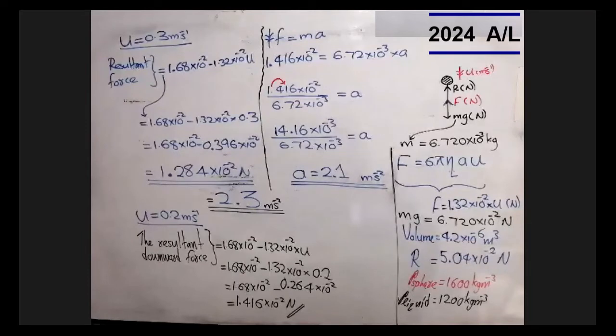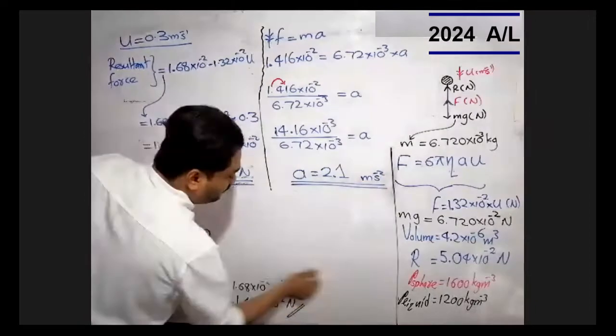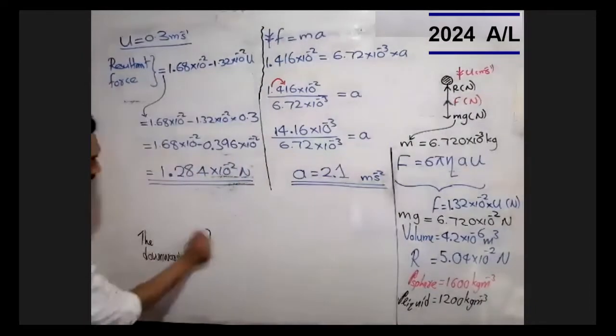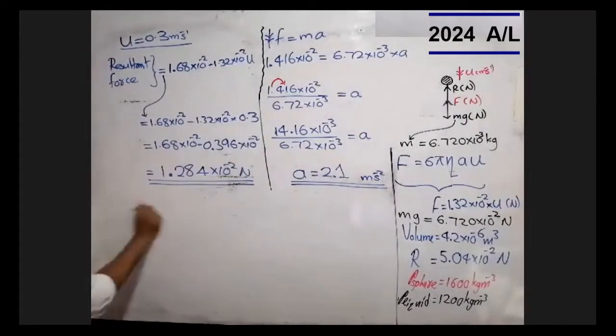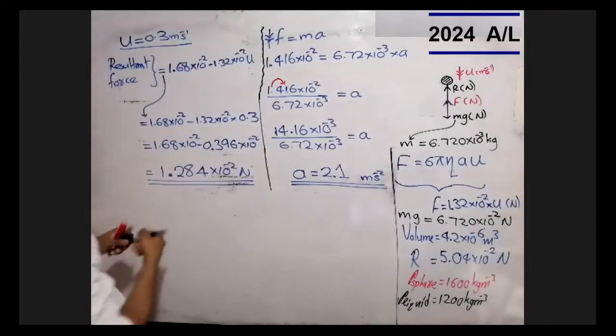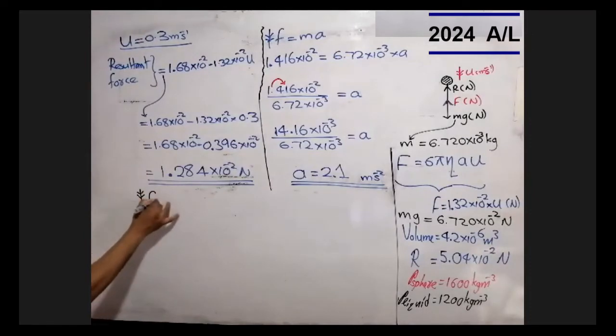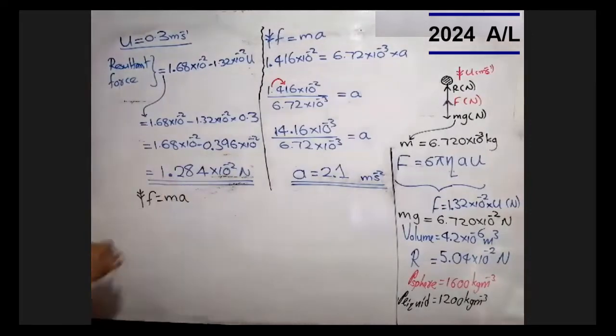Right. Now we know the force, so we can find the acceleration. What should we do to find the acceleration here? When the resultant force is this much, we should apply the F equals ma equation to the sphere.